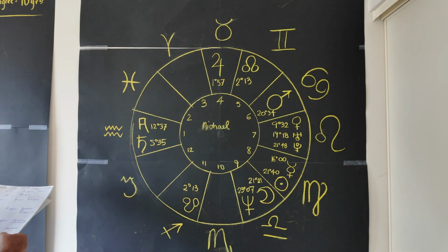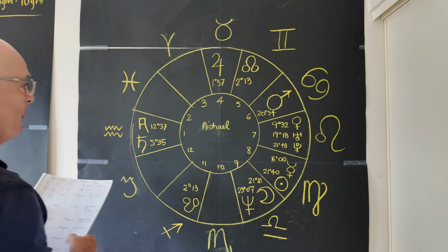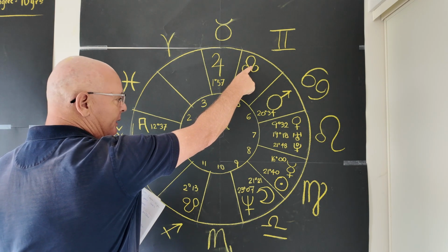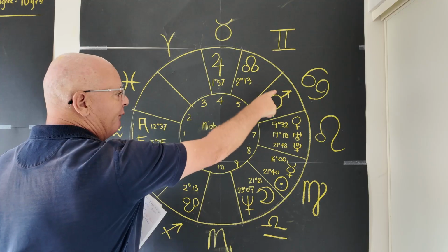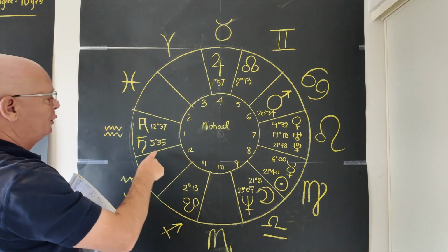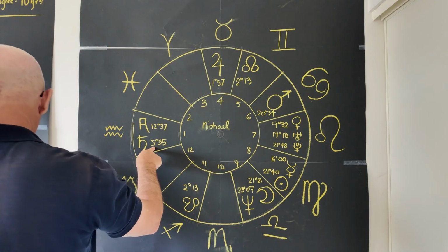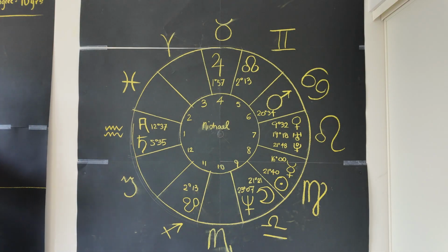The next aspect is the moon's node is making a trine, a 240 degree aspect to Saturn, with an orb of 3 degrees and 22 minutes.